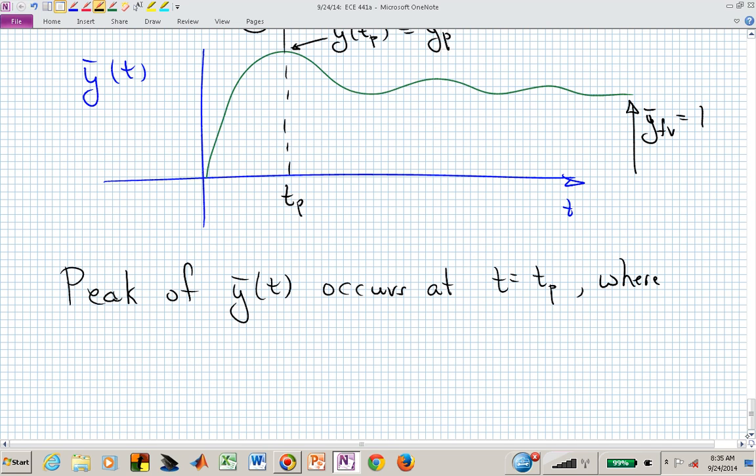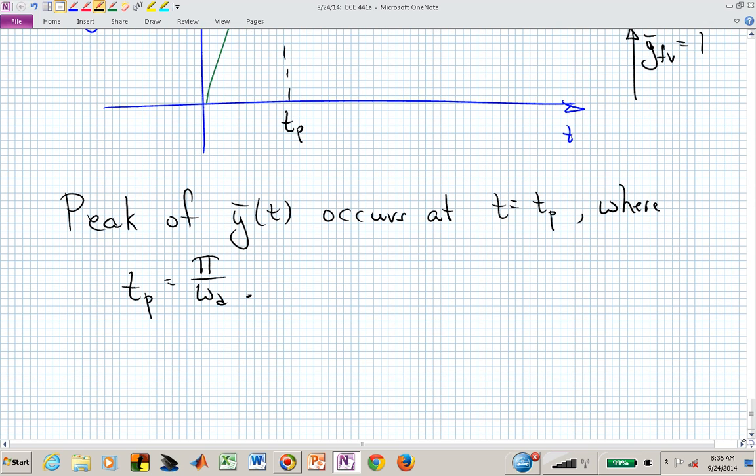And we actually have an expression for y bar of t. T sub p is pi over omega sub d, but our y bar expression, maybe I haven't derived it, but I derive it in the notes to demo number 1.